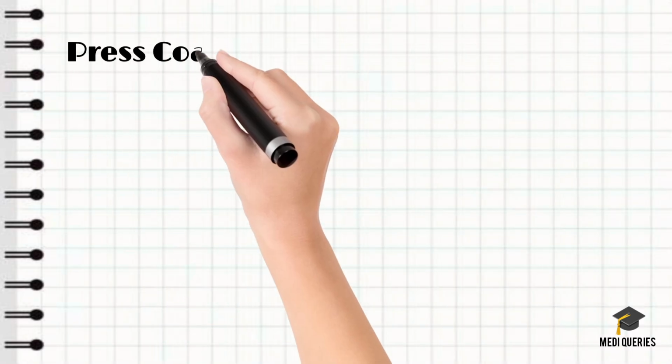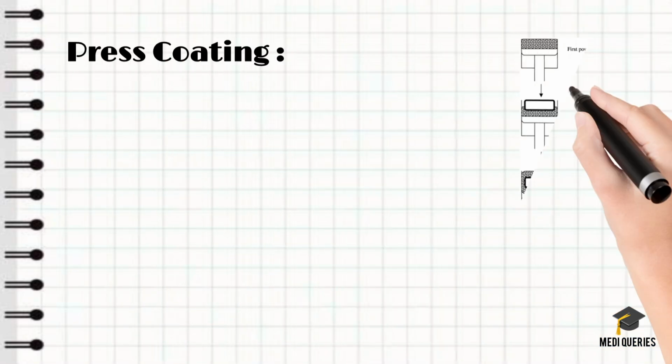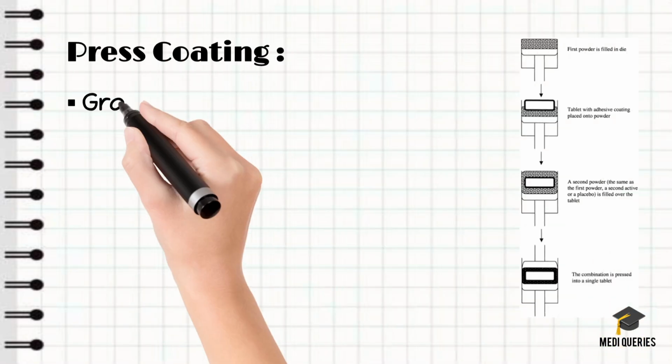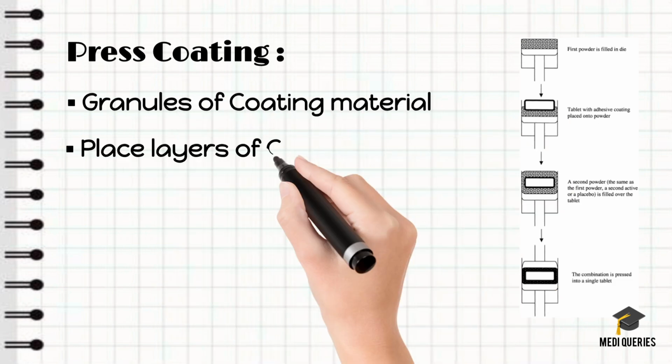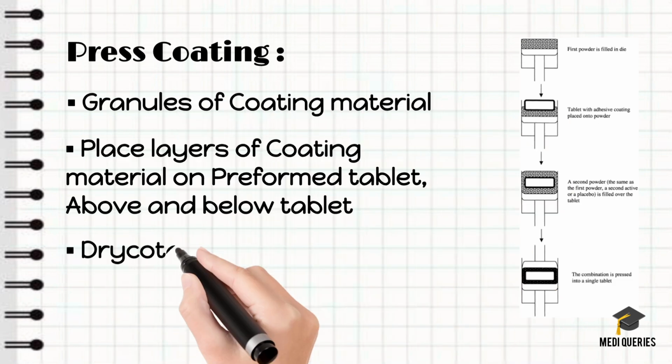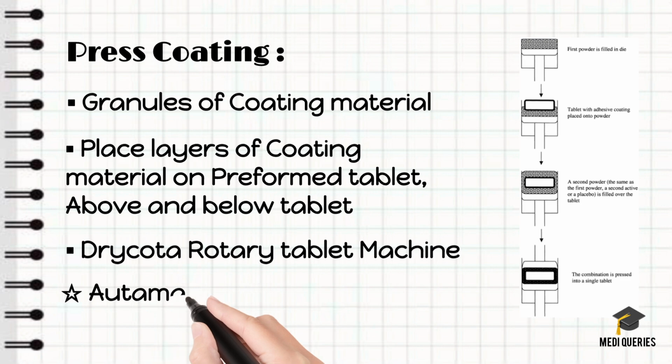And the next one is the press coating process. In this technique, the granules of the coating materials are prepared and layers of the coating material are placed on the preformed tablet.